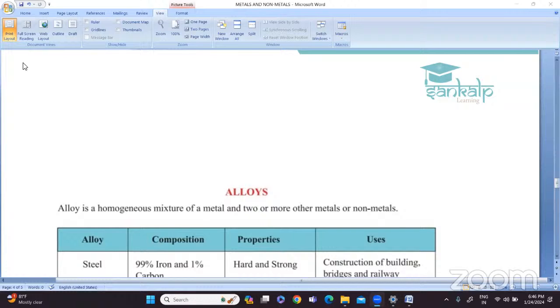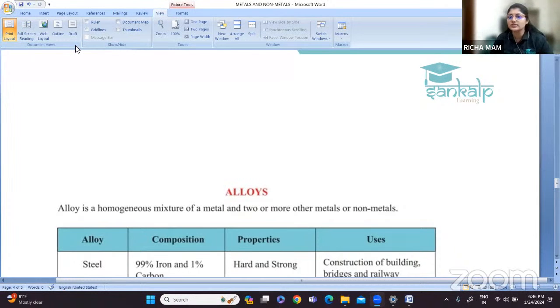What is happening in thermite welding? It produces high temperature, so that your steel, because you know that the tracks are made up of steel, can be melted. It melts the steel so that it allows a very strong connection between the two rail sections, so they can be joined together.